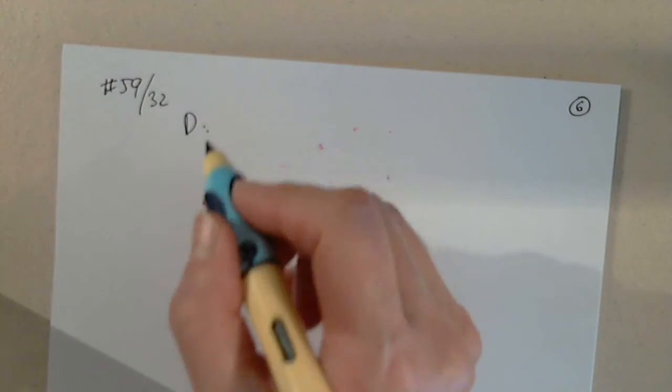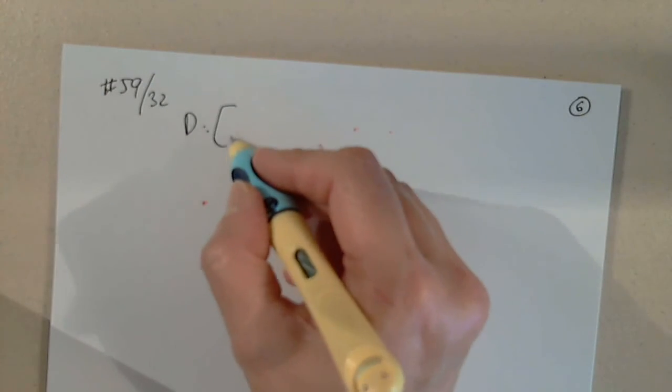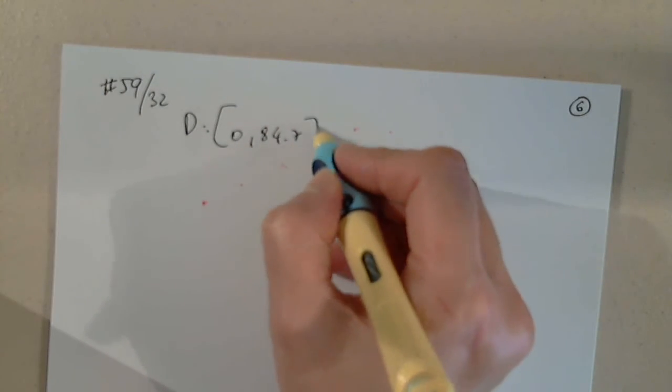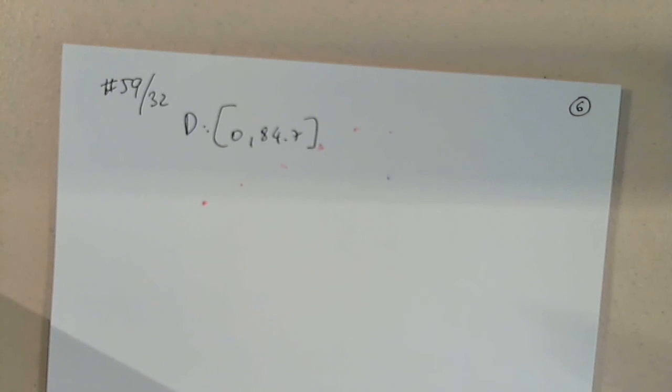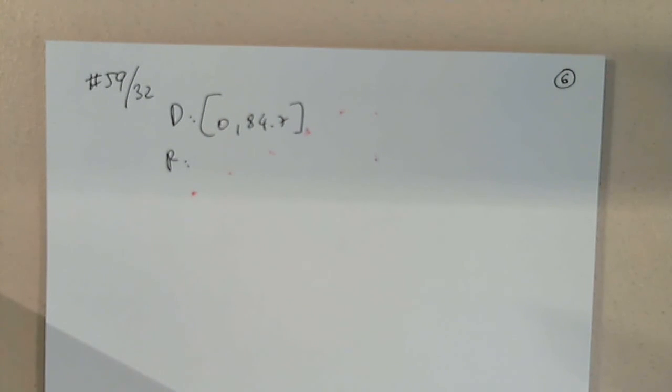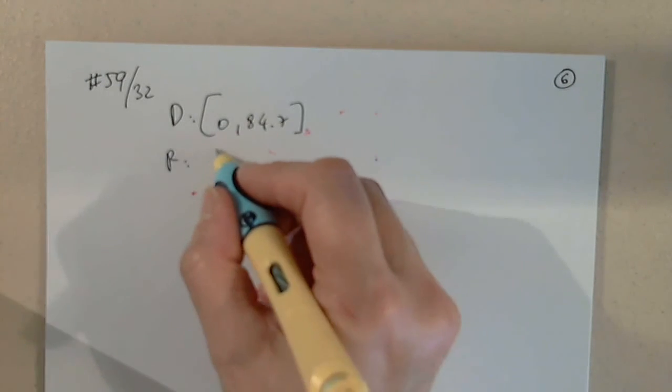When you look at the graph, it will be easy to determine the domain. Look at the graph, please, in the book. It's between 0 and 84.7. And the range of that function, also no problem there, is between 0 and 4,600,000.